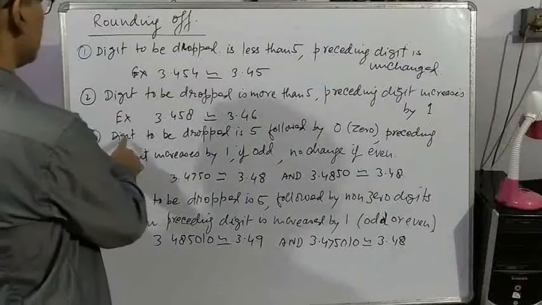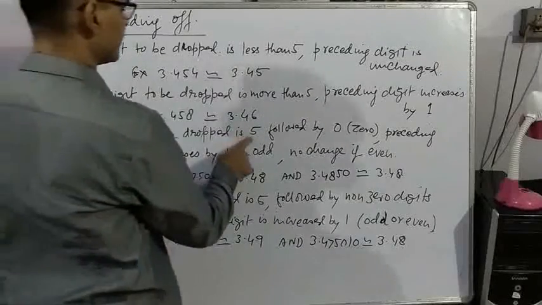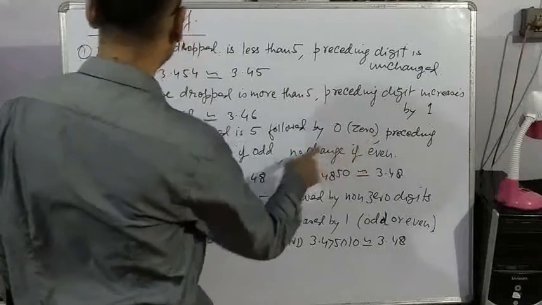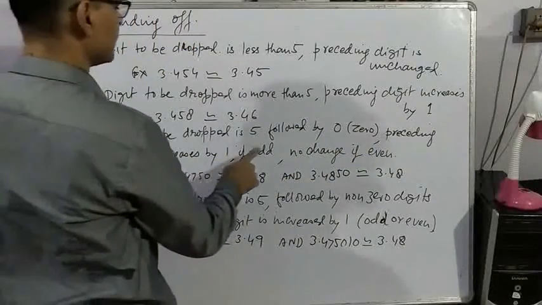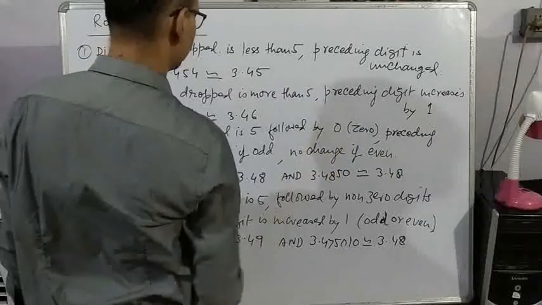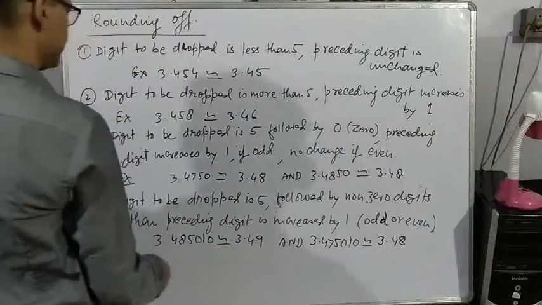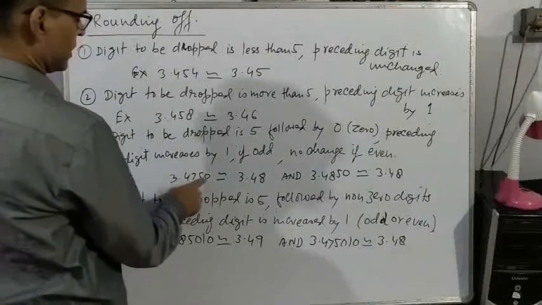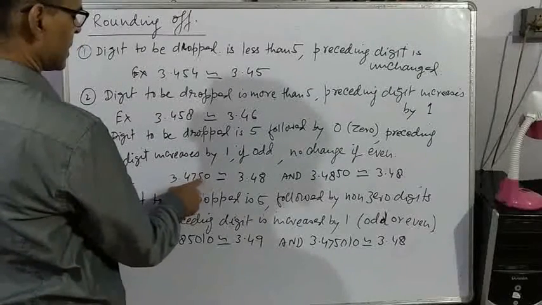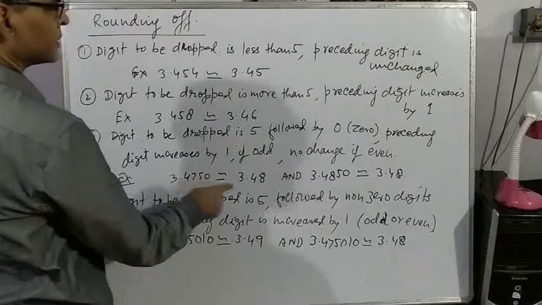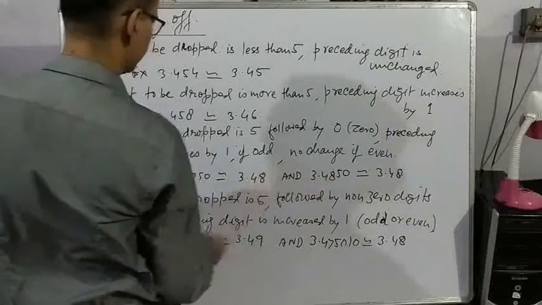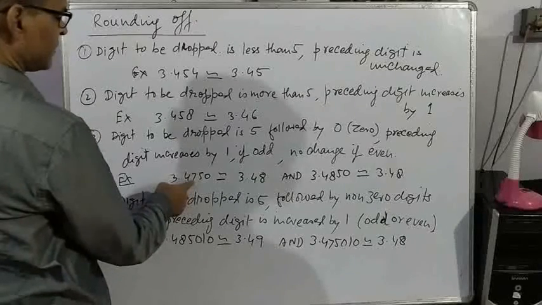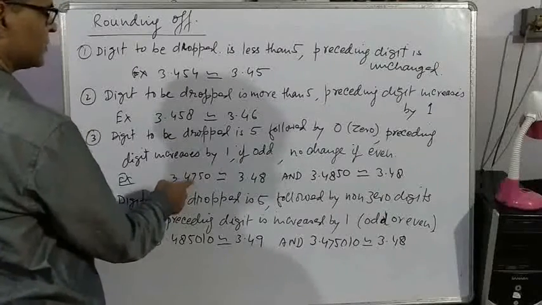Third rule, digit to be dropped is 5, followed by 0. Preceding digit increases by 1 if odd, no change if even. See, 0 is coming after 5 in both these values, and before 5 we are having 7, odd value.